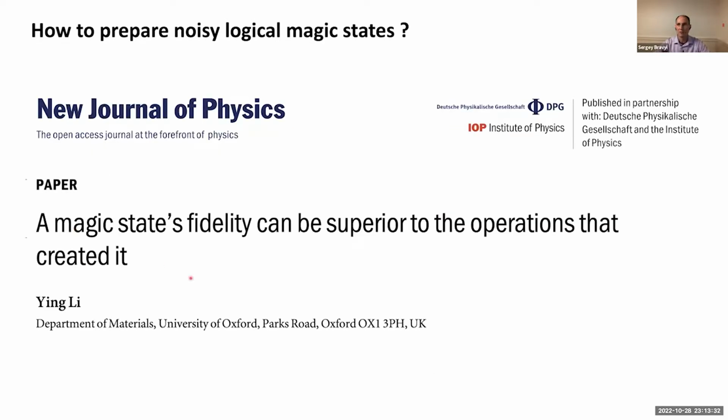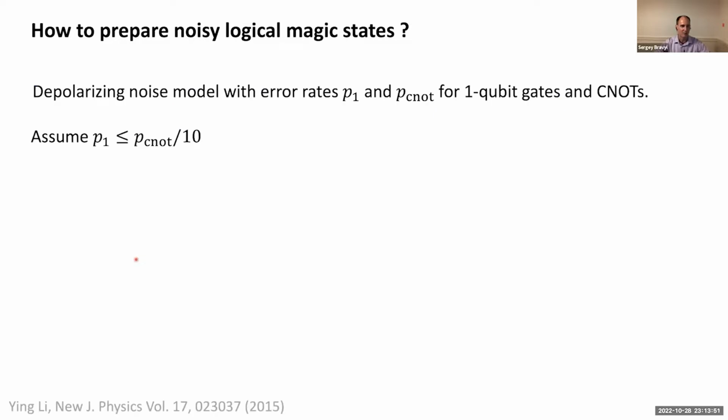And fortunately, this has been already done. So in the case of the surface code, such protocol was proposed in this paper by Ying Li, titled Magic State Fidelity Can Be Superior to Operations That Created It. And the paper considers a circuit-based noise model. So physical CNOTs have some error rate P CNOT, and single qubit gates have some error rate P1, which is much smaller than P CNOT.